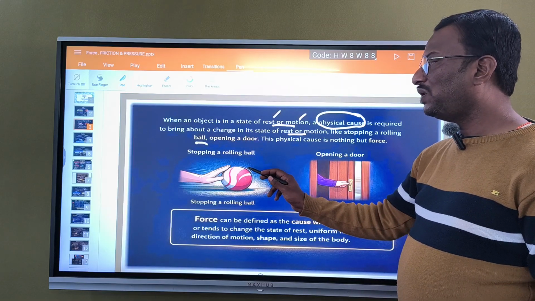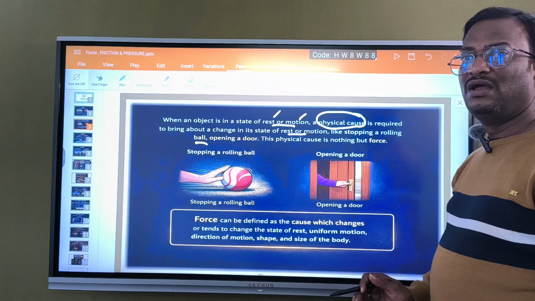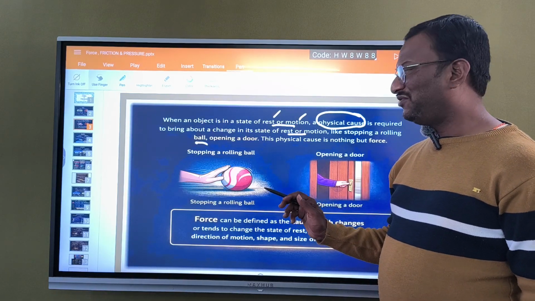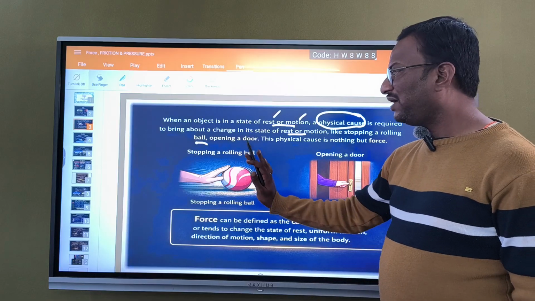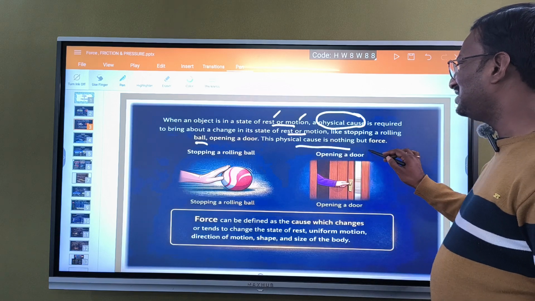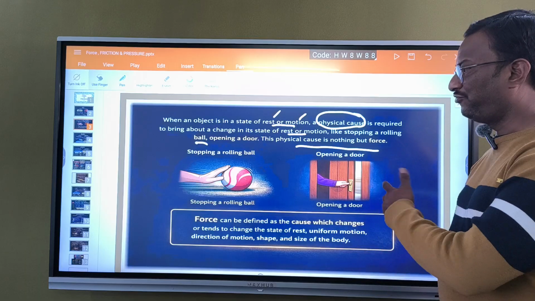In order to stop it, we have to put a hand or leg. Otherwise, since it is rolling on the floor, it will have friction. Okay, the friction, all that we will learn later. In order to stop something, we have to apply a physical cause. That physical cause is nothing but force.